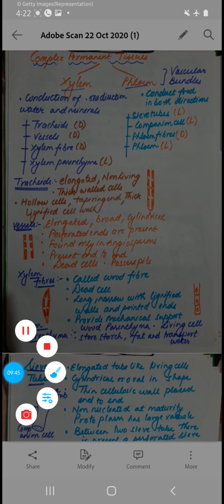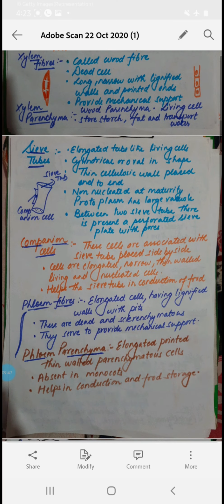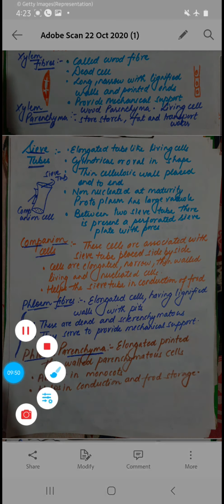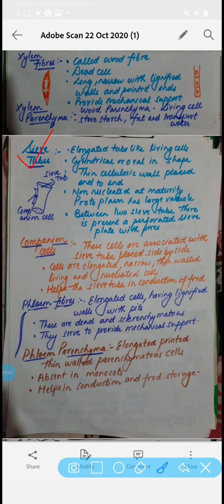Now the first component of phloem is sieve tubes.